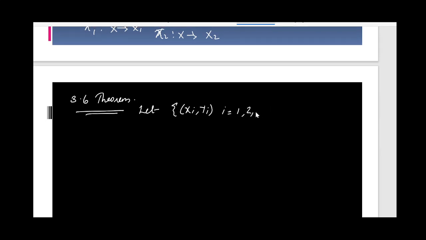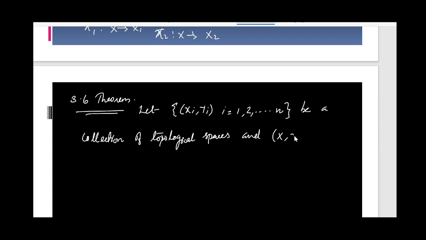Now here we have Theorem 3.6. Let Xi, tau i, for i equal to 1, 2, etc. up to n, be a collection of topological spaces and X, tau their topological product.